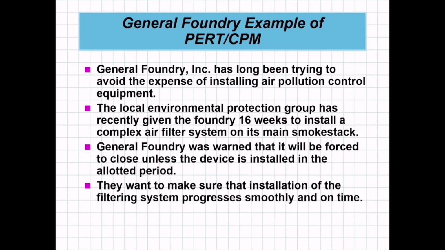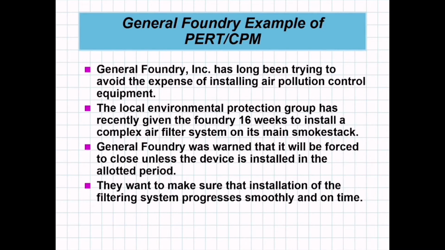We have here the General Foundry example of the PERT/CPM. General Foundry Incorporated has long been trying to avoid the expense of installing air pollution control equipment. The local Environmental Protection Group has recently given the foundry 16 weeks to install a complex air filter system on its main smokestack.